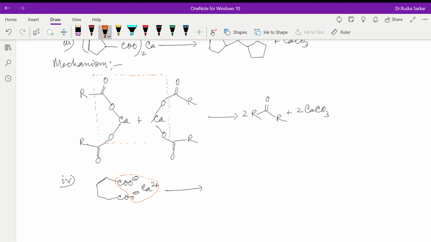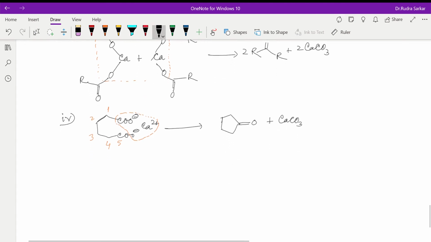Keep the numbering in mind. So if this is say 1, 2, 3, 4, 5. So you'll be getting a 5-membered ring with a C double bond O followed by the side product calcium carbonate.